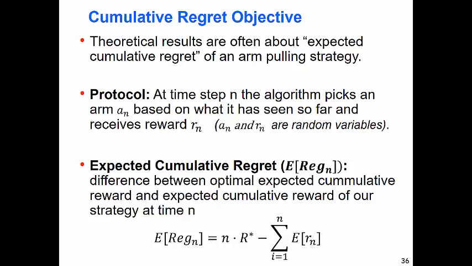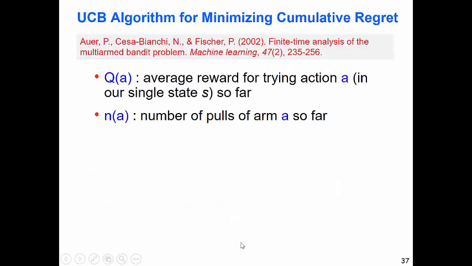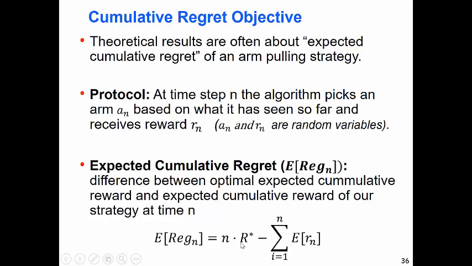As we said, if you use a uniform arm pulling strategy, this is going to converge to the average of all the expected values of the arms. And you're going to have a constant regret over time, right? Because this is always going to be less than this. What we're interested in are ideally what are called no regret algorithms.